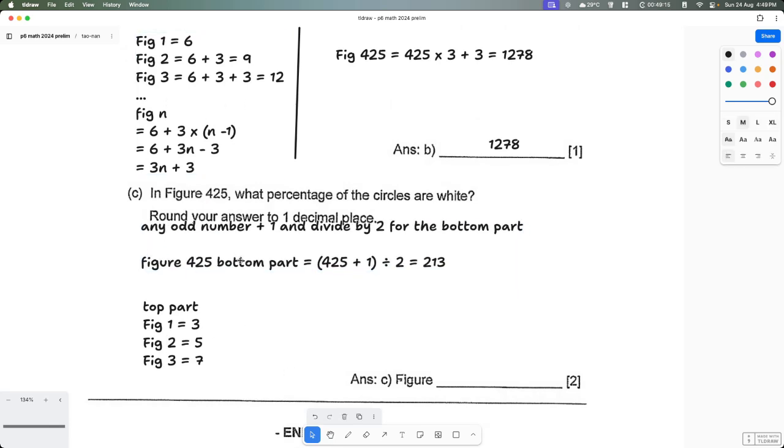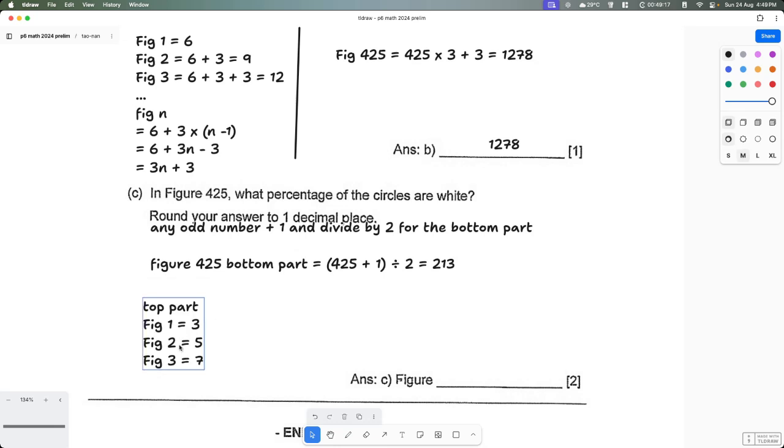So that means it's equal to dot dot dot. This 3 is equal to 3, and then this is 3 plus 2, and then this is equal to 3 plus 2 plus 2.